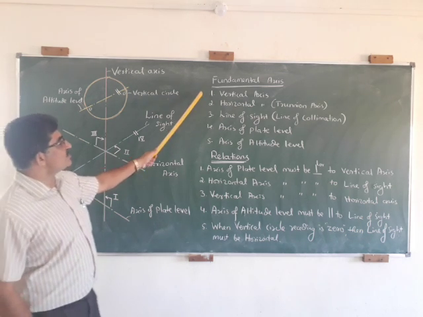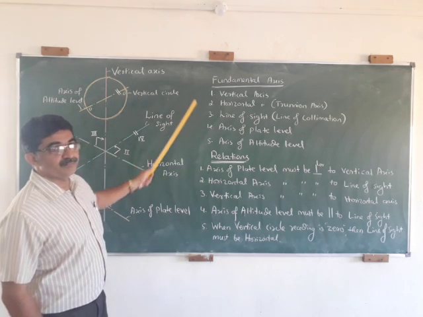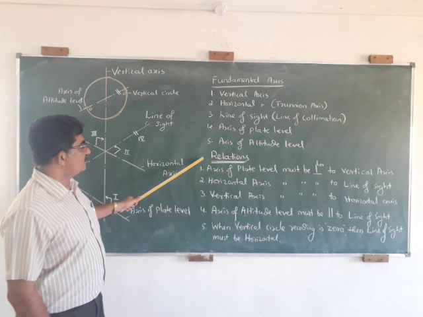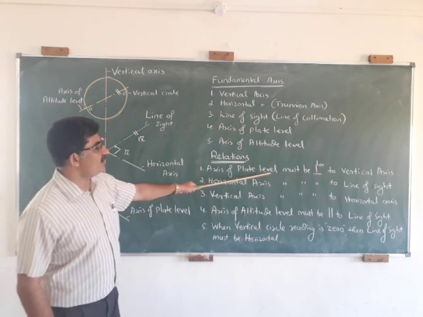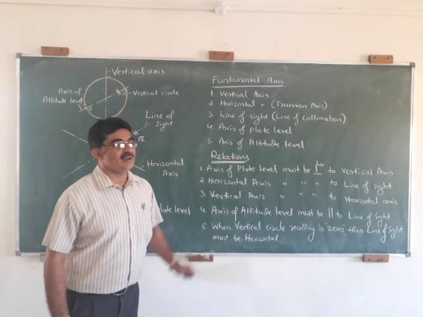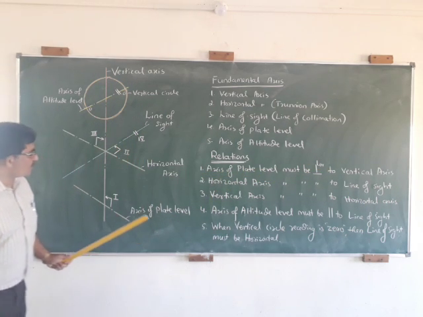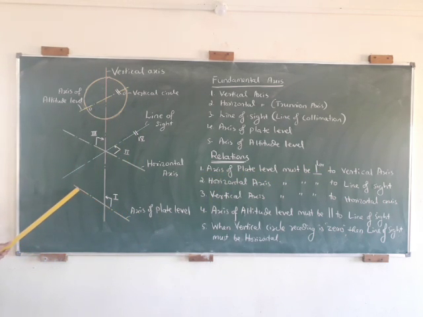Then what are the relations between these 5? The first relation is that the axis of plate level must be perpendicular to the vertical axis. It is marked like this. This is the first relation.